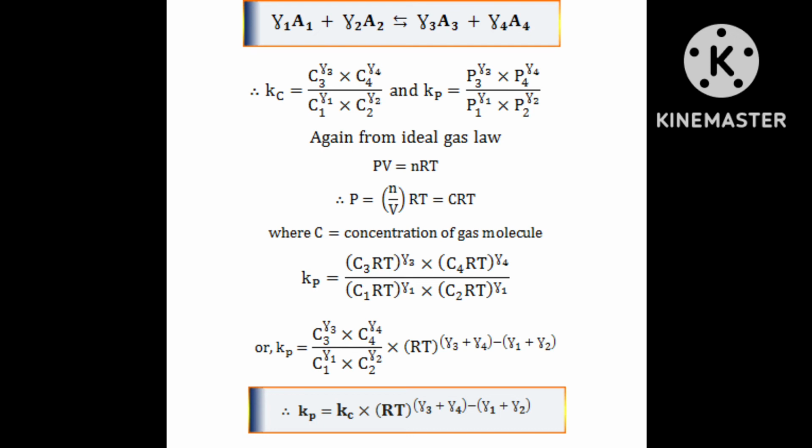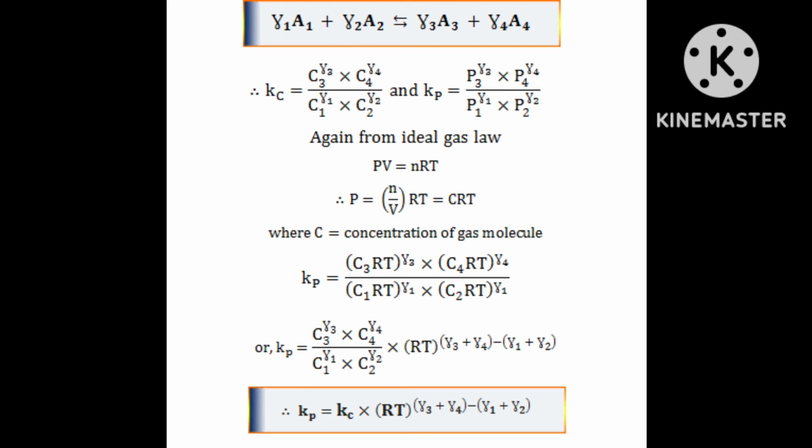Then what will Kp become? Pressure of NH3 power 2 divided by pressure of nitrogen into pressure of hydrogen power 3. Power 3 means down it will come, total power 4. For nitrogen nothing is written, which means power 1, and for hydrogen 3, so down it becomes 4.